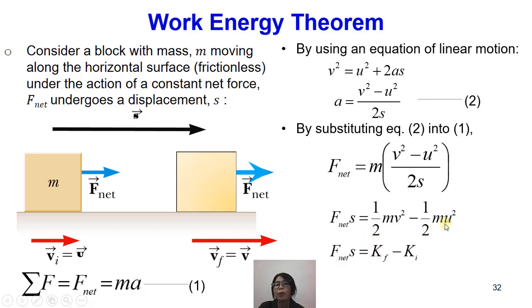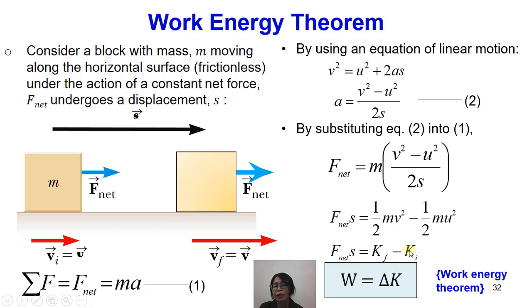Half mu squared refers to the initial kinetic energy of the object. So K final minus K initial is the change of kinetic energy, and F net multiplied by displacement is the total work done. So we have W equal to delta K, and this is what we call the work energy theorem.